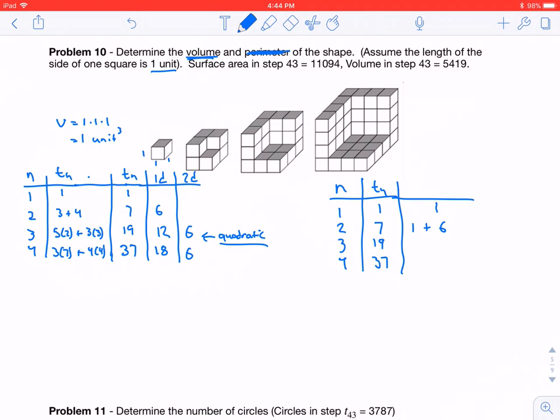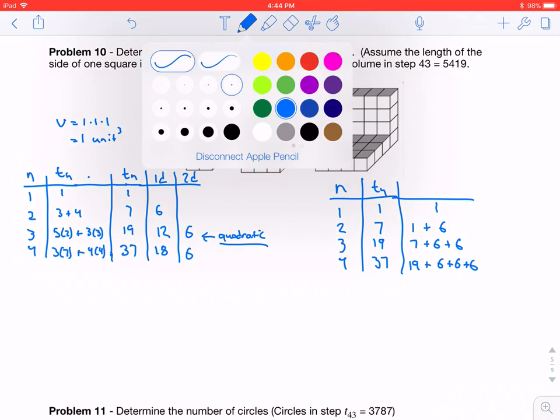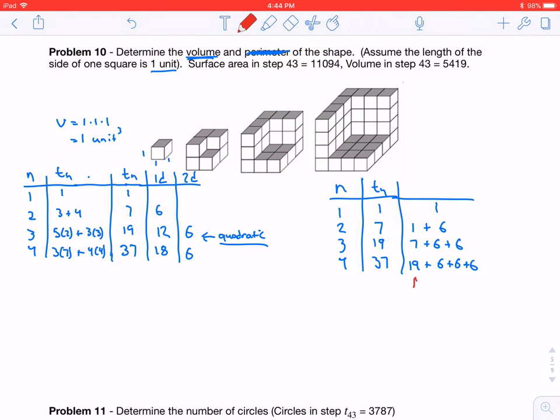This is going to be 7 plus 6 plus 6. And this is going to be 19 plus 6 plus 6 plus 6. And if we look carefully, we'll notice that this is my previous term. And here, we're adding 6 once, and then twice, and then 3 times.